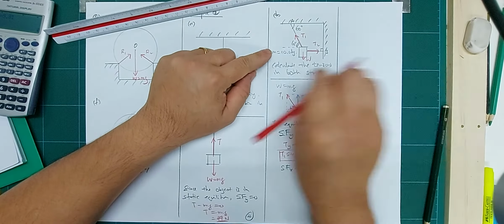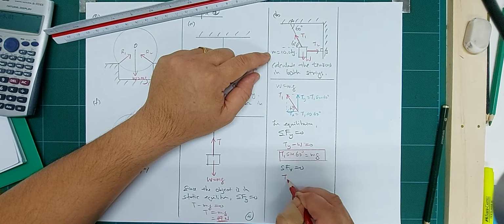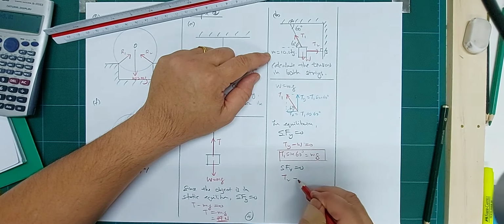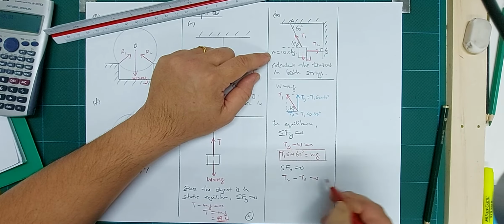I will assume that the one going to the right hand side is positive, so I have T2 minus TX equal to 0. So T2 minus T1 cosine 60 is equal to 0, or T2 is equal to T1 cosine 60.